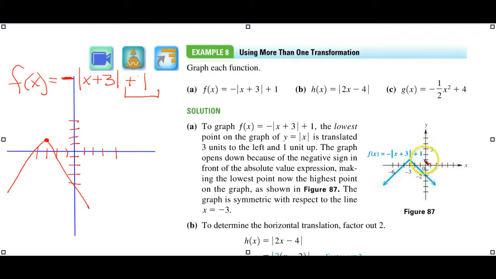From the original point of intersection, which would have been a positive 1 here, we shifted that over 3 units. That's the tip then of ours, and because it's negative, it's going to be opening downward. Everything becomes negative because of that negative sign there.